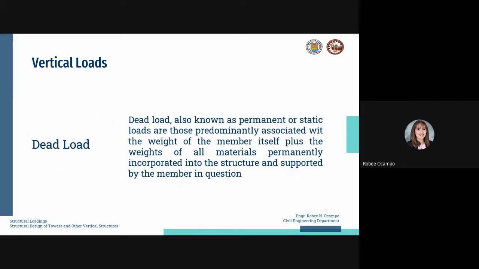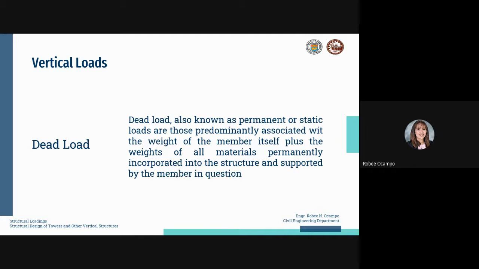We already know that when we say dead load, those are the permanent, semi-permanent to permanent loadings. These are the self-weight, the weight of the materials of your building, your structure. This includes materials already incorporated in your structure, like your superimposed dead load.